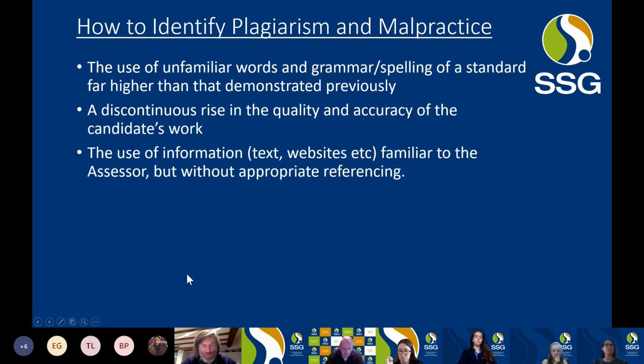The use of information that is familiar to the assessor, but they haven't appropriately referenced it. So within what you're teaching, for example, I teach education and training, the same 3 units every time. So I see essays coming through for that all the time, and I will always know if something has come from an internet source or a book, because I've seen those answers 20 million times.